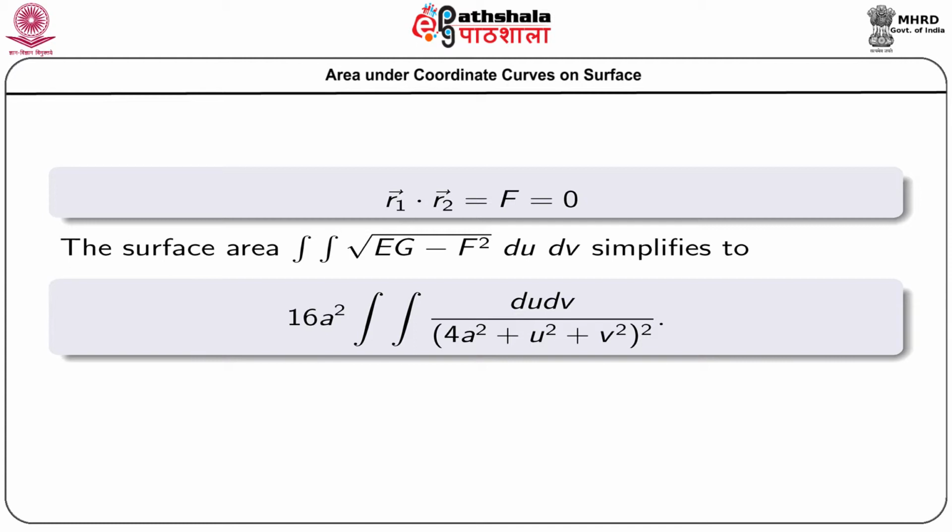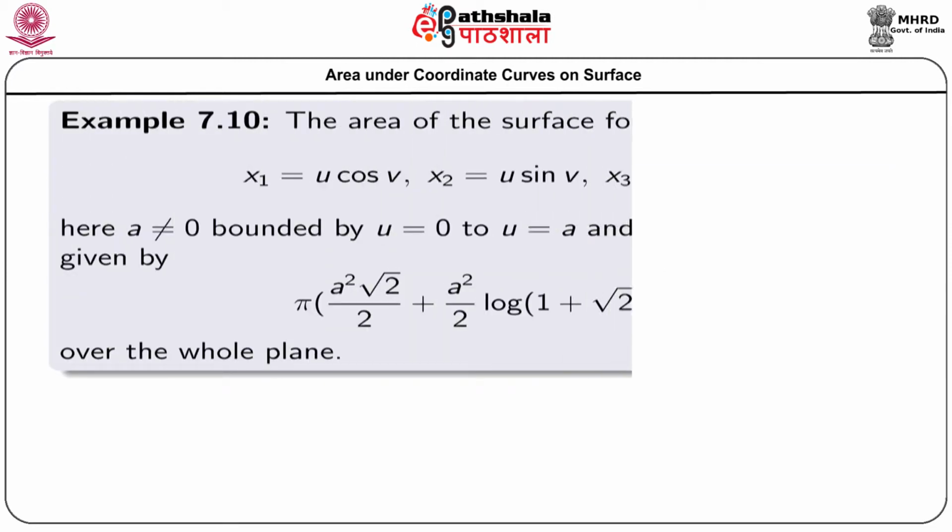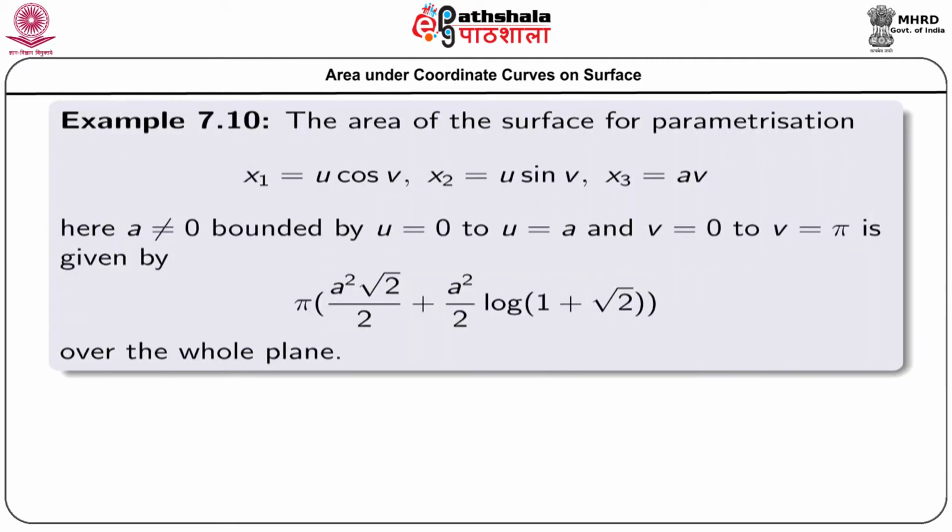Now, let us see another concrete example, where we have obtained the value of the area. Now, we see another example, that is x1 is given by u cos v, x2 is given by u sin v, and x3 equals a v.